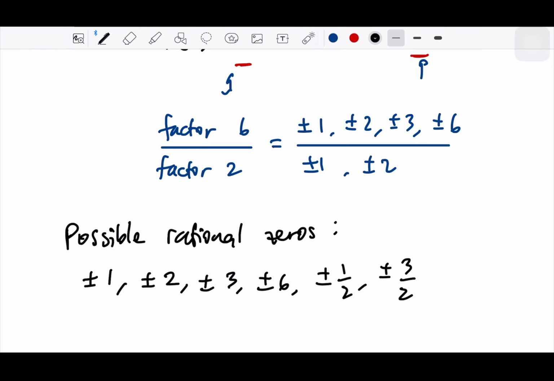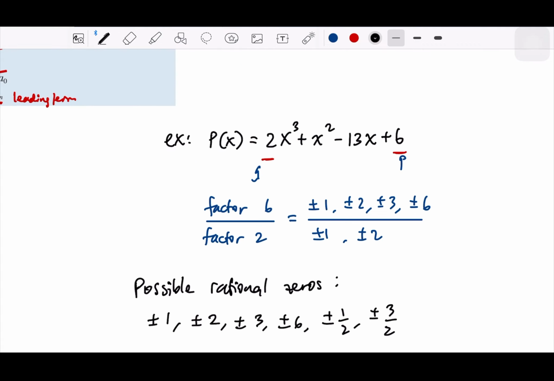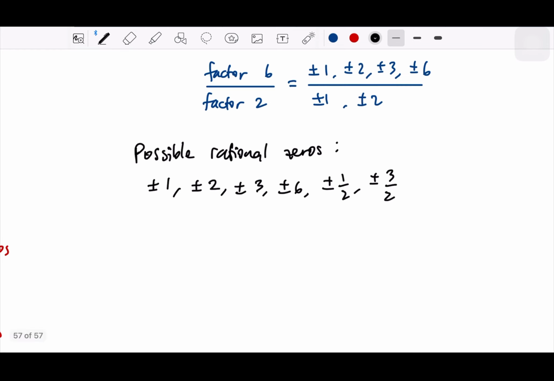Now, we need to take all of this as our testing, but how do we test our zeros? Well, we could take this and then compute, but let me give you a method.